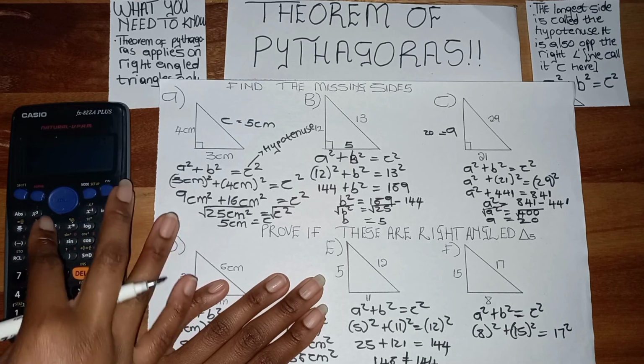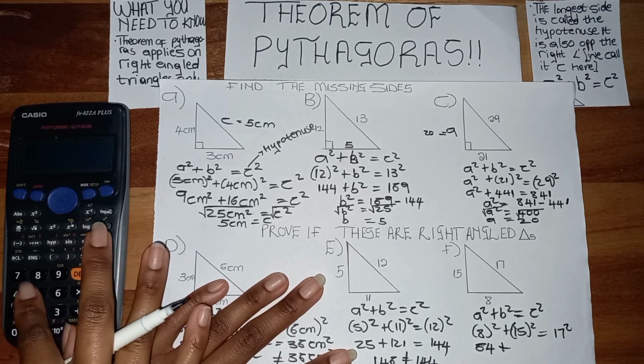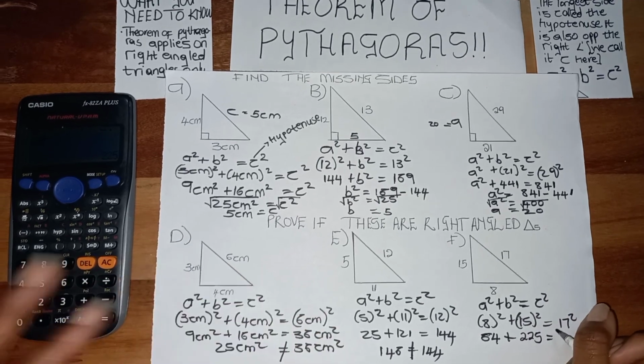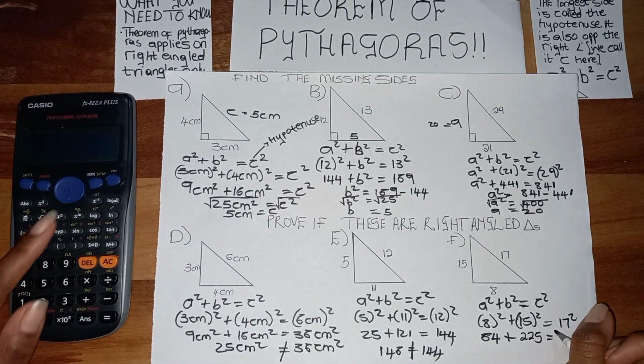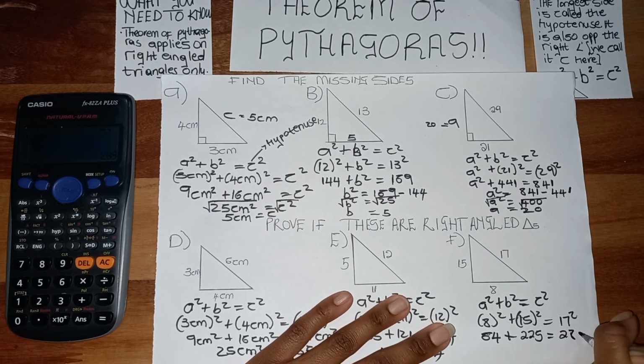So 8 squared, I think it's 64. Yay, 64 plus 15 squared, is it 225? Yes, it's 225, equals 17 squared, 289.